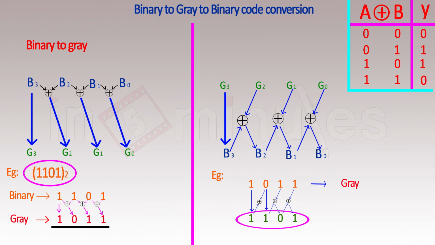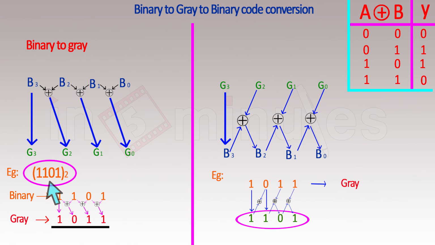So 1 XOR with 0, the answer is 1. Again 1 XOR with this 1, I will get the answer as 0, because both the bits are the same, 1 1, and this 0 XOR with 1, I will get 1. So this is my binary code. This is nothing but the same binary code I have used earlier.